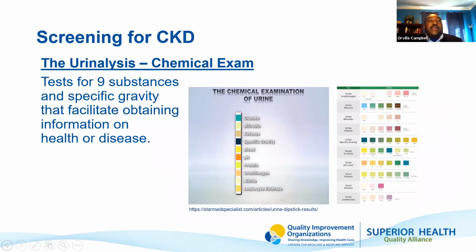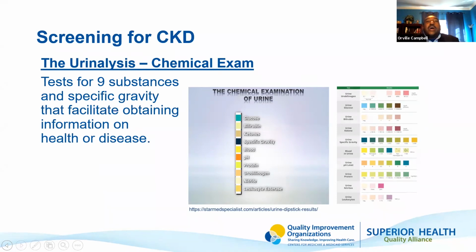The dipstick. After the appearance, you need to assess it for specific gravity, as well as the 9 substances you see listed there. Glucose could indicate uncontrolled diabetes, or eating substantial amounts of sugar that spills over the sugar filtration limits. Bilirubin could indicate liver disease.